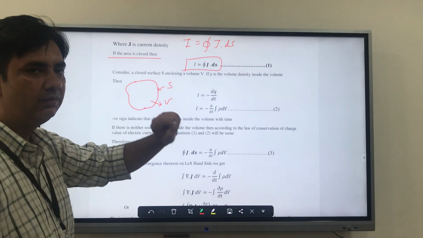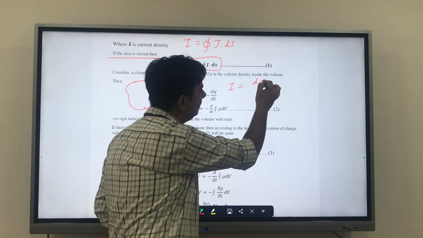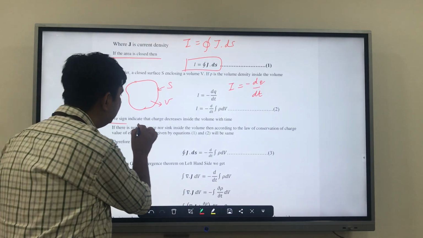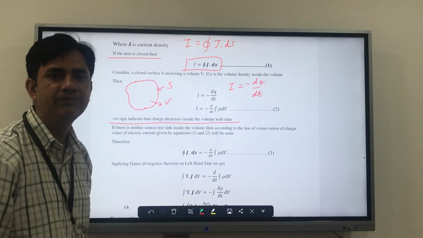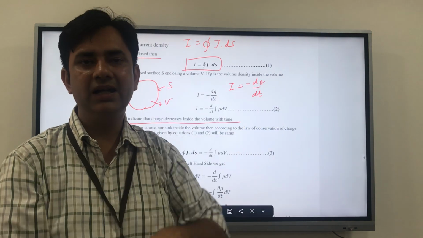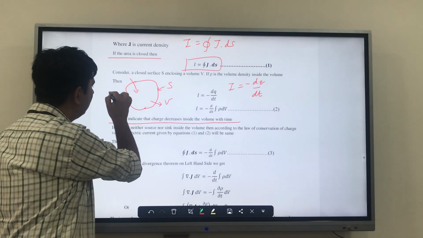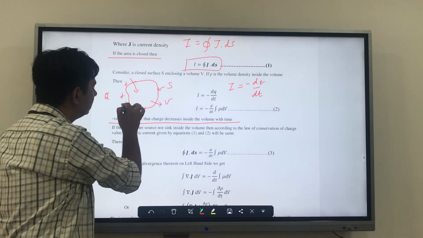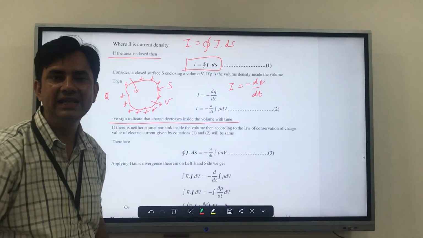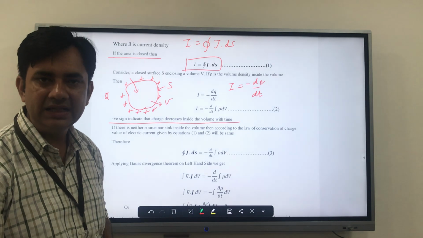So we know that my current I can be written as dq by dt, and we have put a negative sign here. The negative sign indicates that the charge decreases inside the volume with time. If you put a charge inside a volume, after some time that whole charge will come on the surface, and that's why we are saying that the charge inside a volume gets decreased with time.